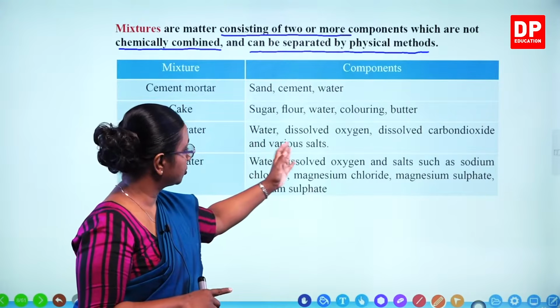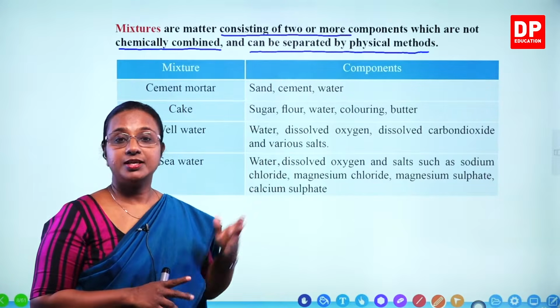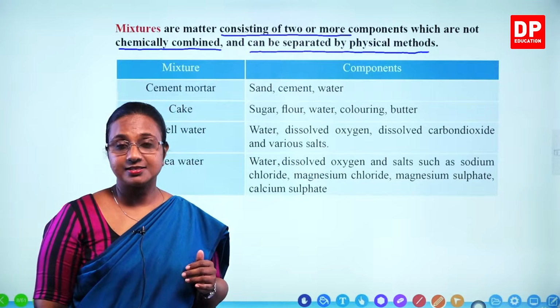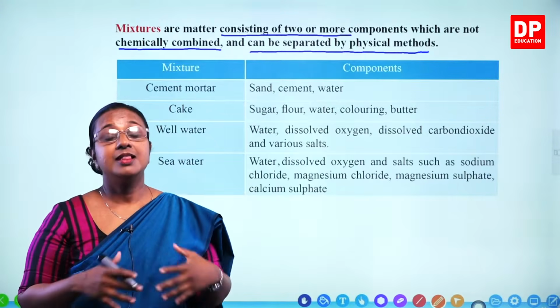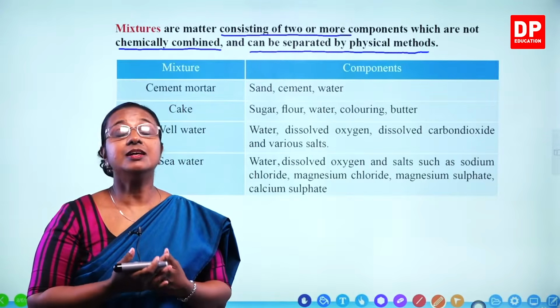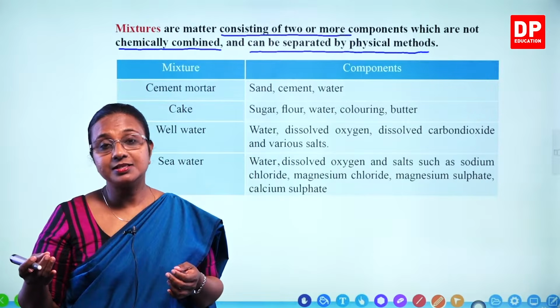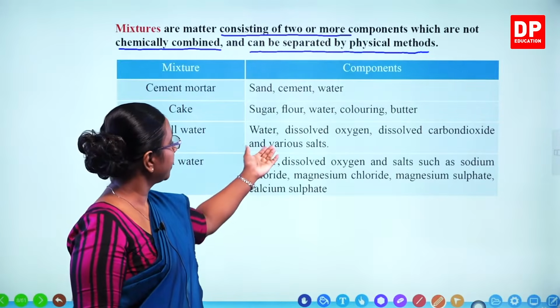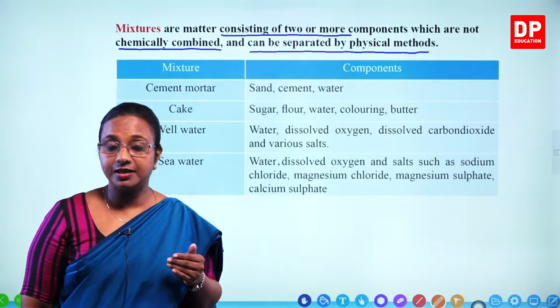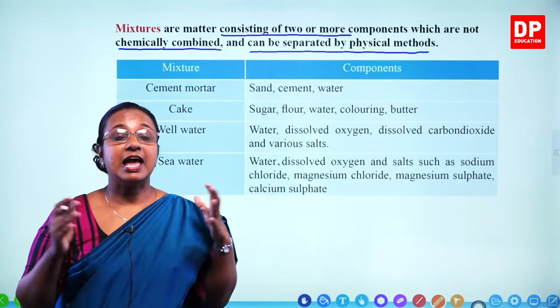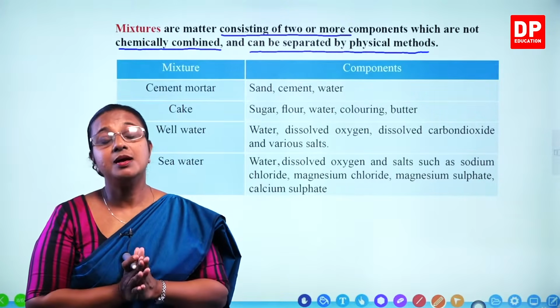But finally, the mixture is in the liquid form. You cannot see the gas particles there, or you cannot identify the salt particles in water. They all mix together and form a uniform mixture.